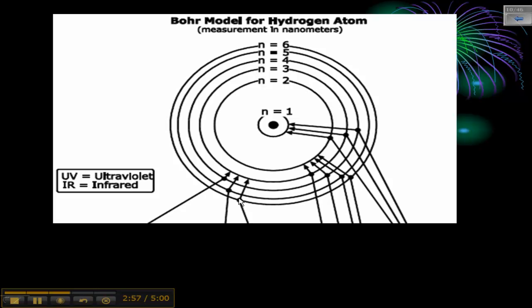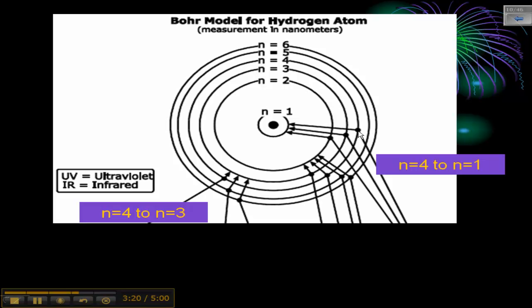Okay, and then as they fall back down, that's where we're going to measure the energy. That's their emission spectra. So, for example, this little arrow here represents a fall from the fourth energy level to the third energy level. So n is going to stand for energy level, whereas this particular energy drop is where the electron dropped from energy level 4 to energy level 1.